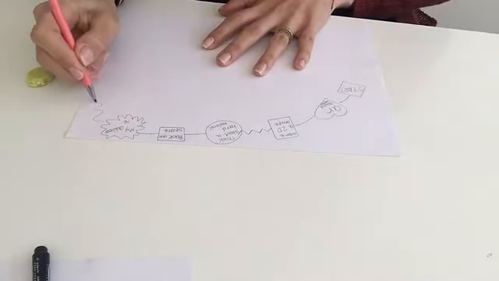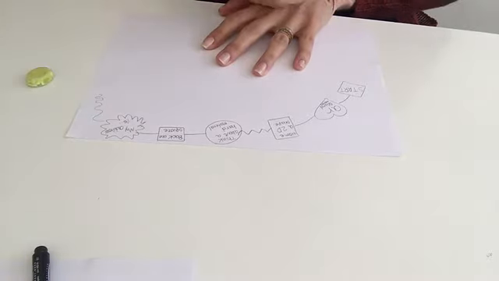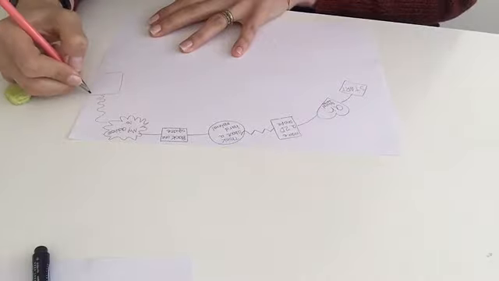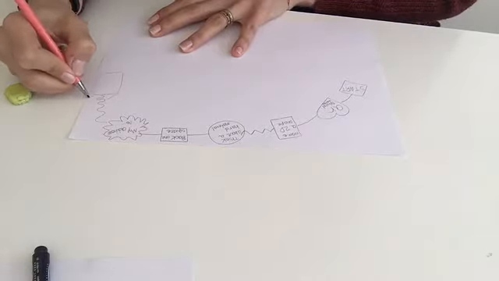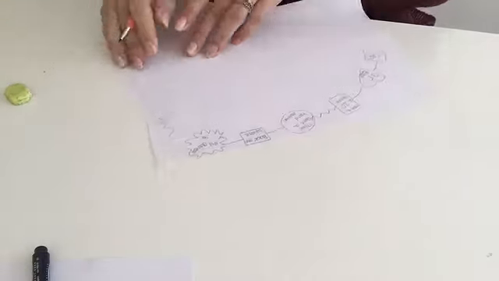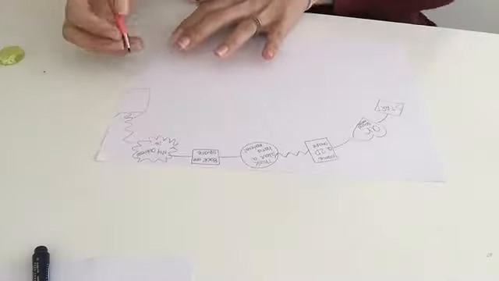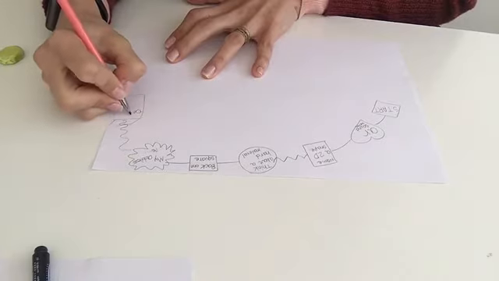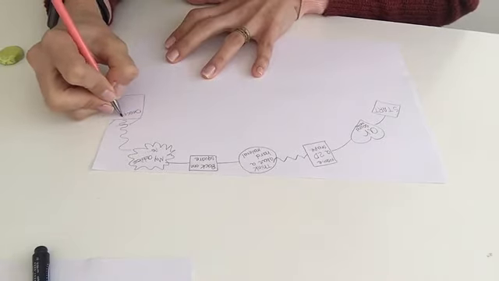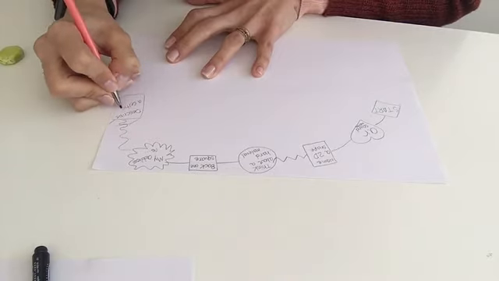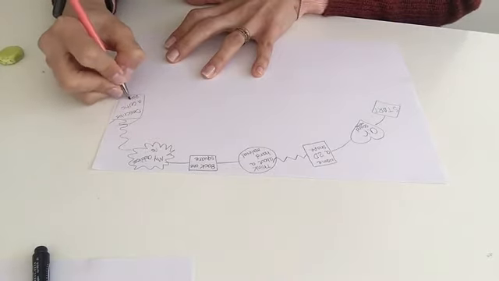Let's go here to the history. It's a cube. Can you see here my cube? History. Describe a Celtic roundhouse.